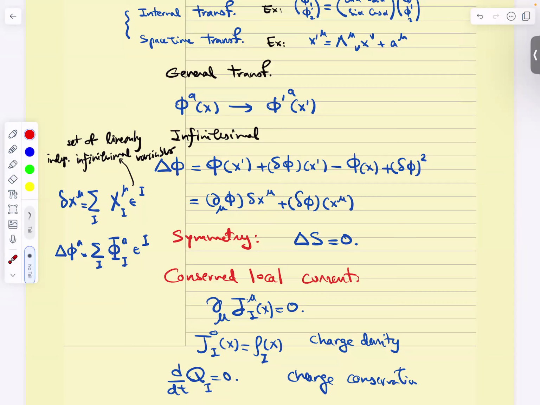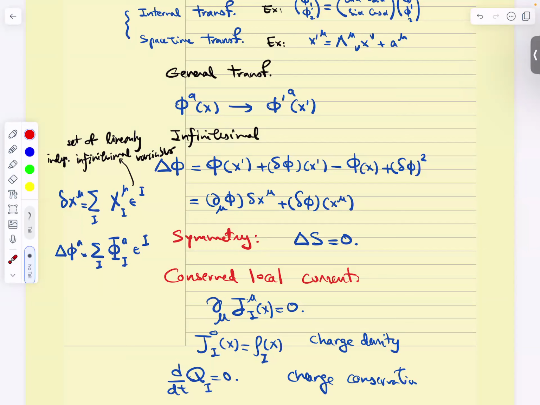And I'm going to use, this might sound confusing, this capital delta for an infinitesimal transformation that changes both the field and the space-time, internal and space-time. You should always consider both at the same time. It's almost nonsensical to only talk about space-time transformations.